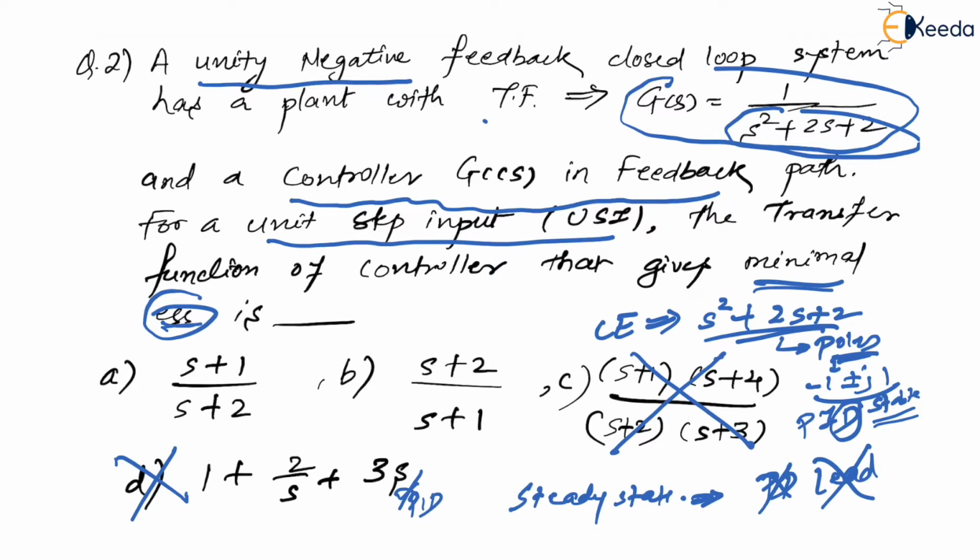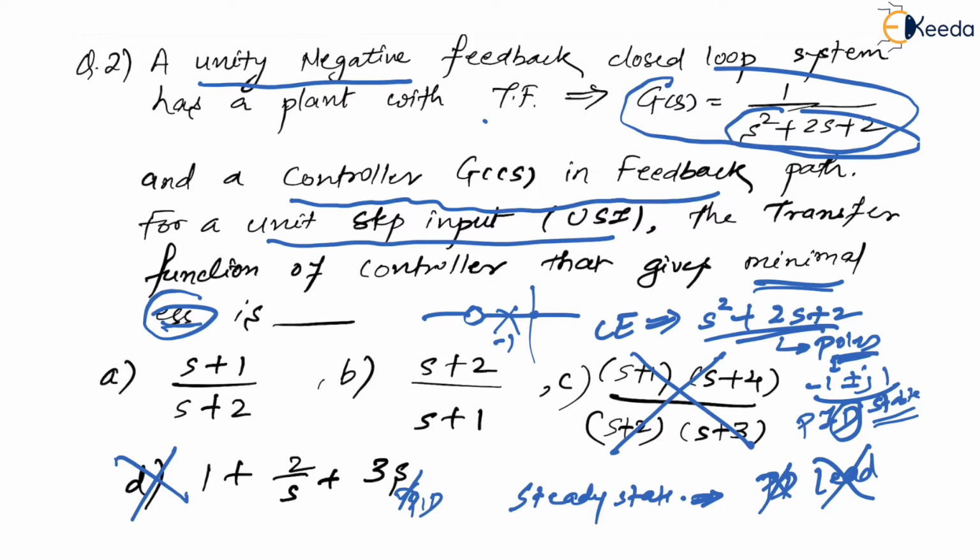Let me think of A and B. What we want is lag, right? Lag in the sense that I am standing at the origin and I have to see the pole first, and this is going to be the zero. When will this happen?